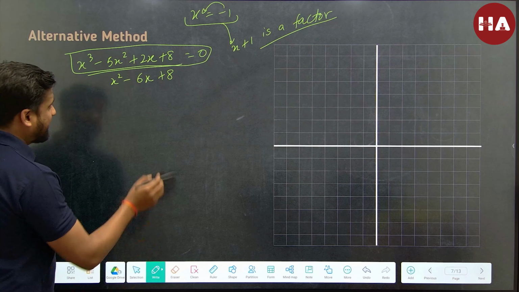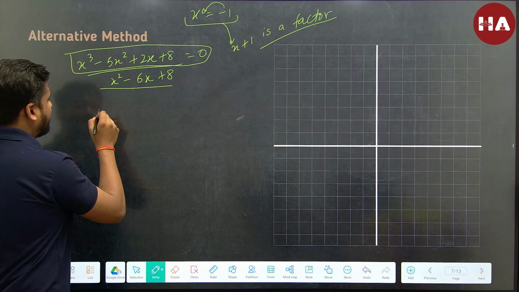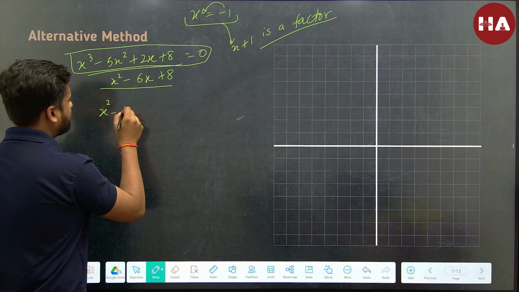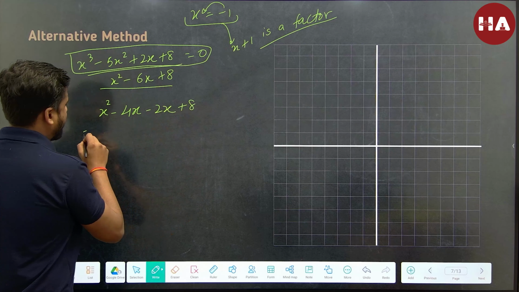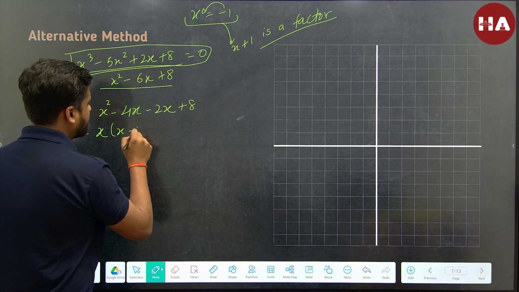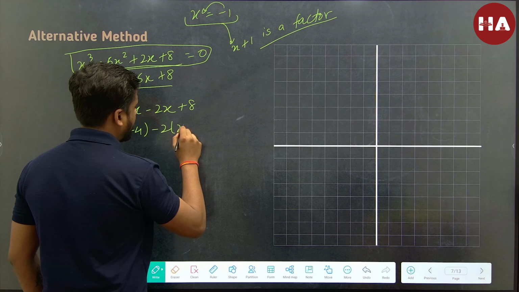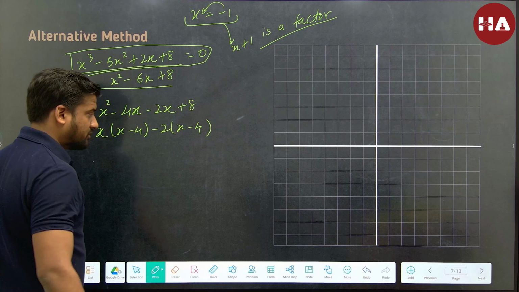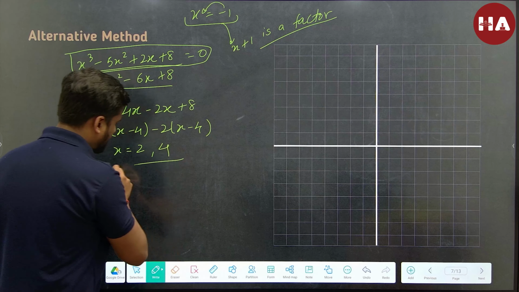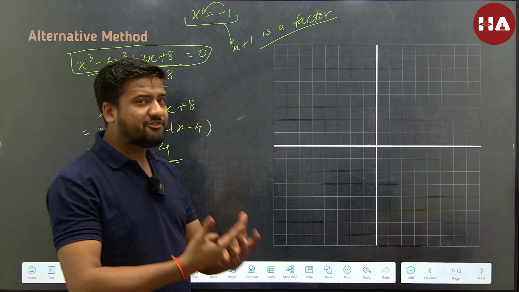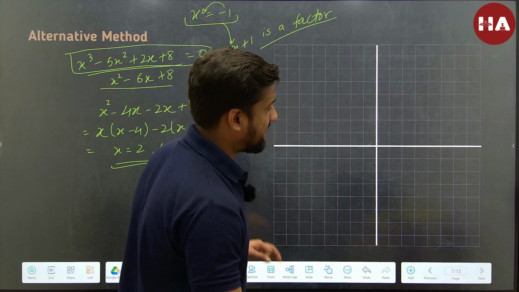Now if I factorize this further, I'll get x square minus 4x minus 2x plus 8, that is (x minus 4)(x minus 2). On solving, I'll get x equals 2 and 4 as my two other roots of this equation, right?